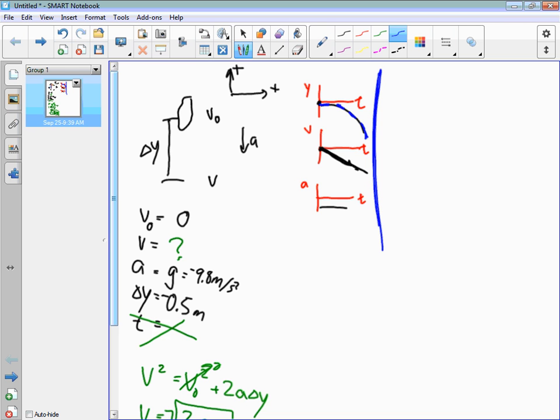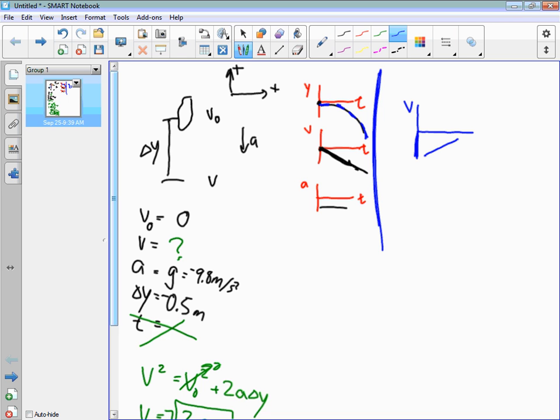The question was, if I have a velocity that is negative, somewhere down below the x-axis, and the slope is positive, something like this, what would that mean?